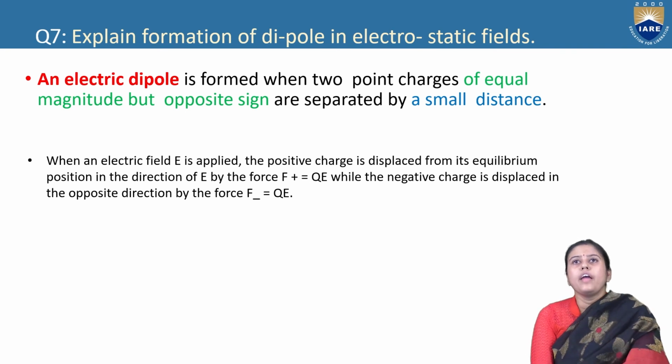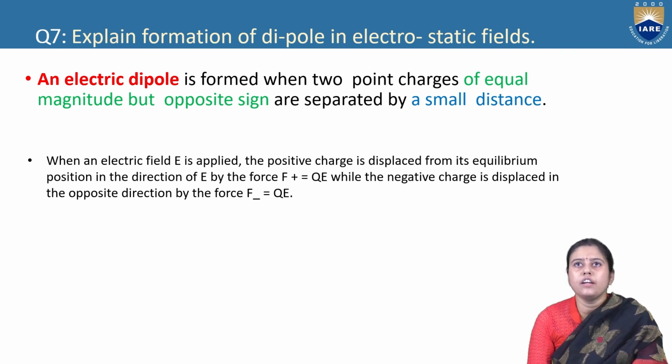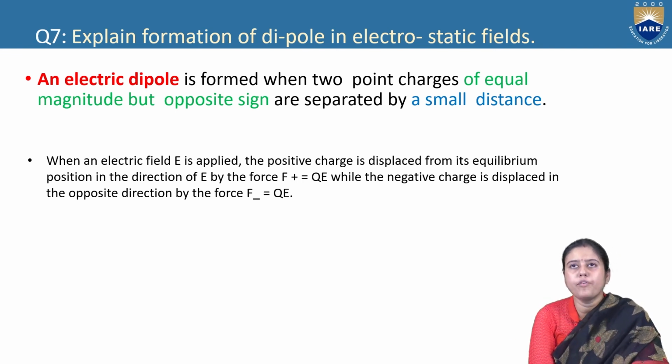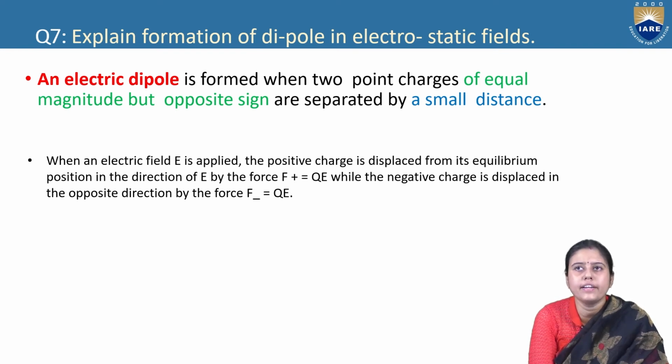Next question. Explain the formation of dipole in electrostatic field. An electric dipole is formed when 2 point charges of equal magnitudes but opposite sign are separated by a small distance.